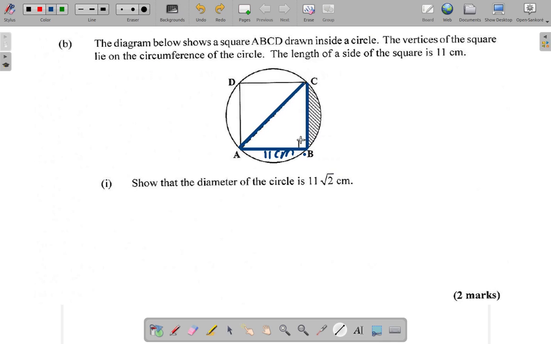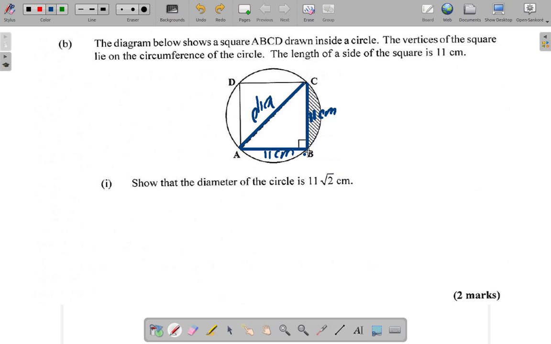It is a right angle triangle, and they say it is a square, 11 centimeters. So this is 11 centimeters too, right? That's 11 centimeters also. But the diameter of the circle is AC. So this is really the diameter. You must show that it is 11 times square root of 2.